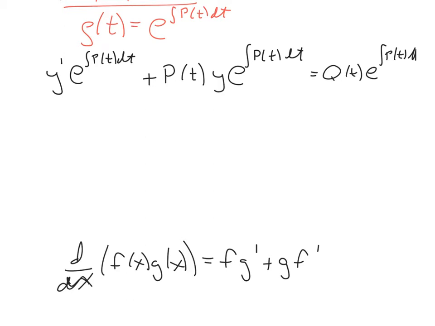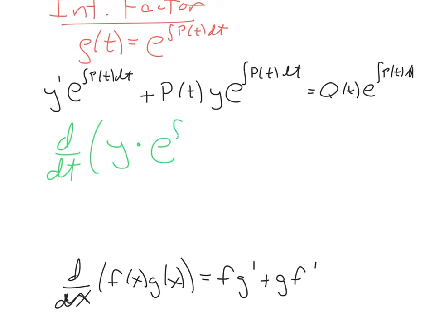What we've got now is d by dt, notice the independent variable that I'm using here, of y times e to the integral p of t dt. Let's just check that. If I look at this derivative, I'm going to say first times derivative of the second.